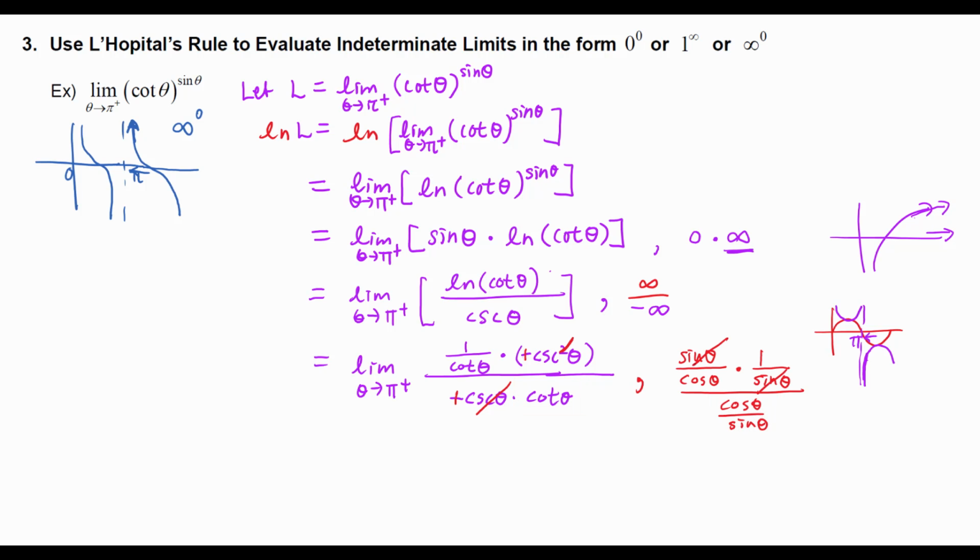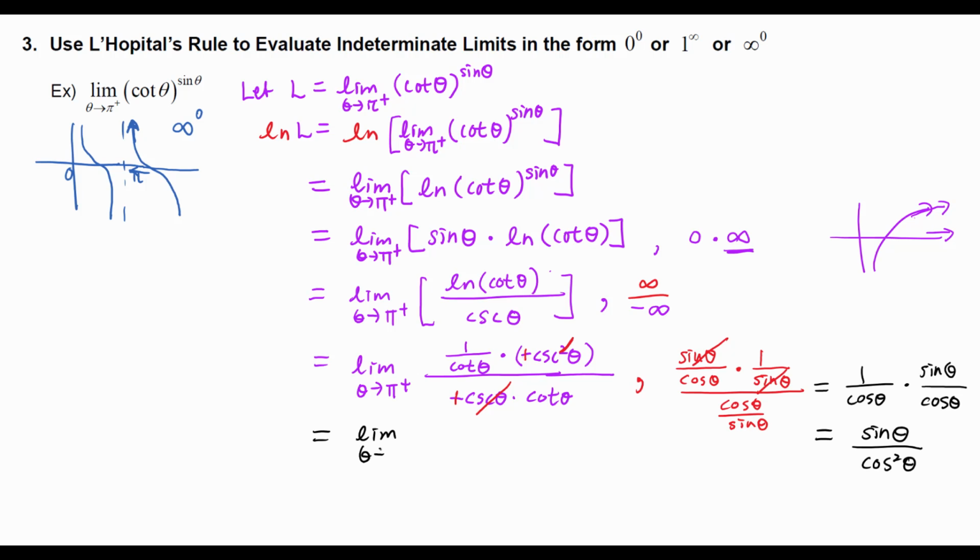So these get to cancel again, and I have 1 over cosine theta times the reciprocal of the denominator, which is sine theta over cosine theta. So this simplifies to sine theta over cosine squared theta. All I have to do now is find the limit as theta approaches pi from the right of sine theta over cosine squared theta.